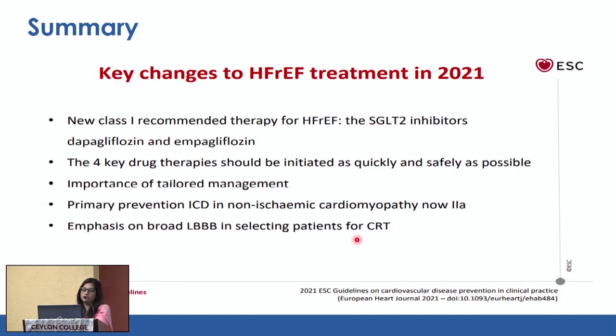And the importance of tailor-made management rather than sequencing management was highlighted. And primary prevention ICD in non-ischemic cardiomyopathy now comes into class 2A indication, and the emphasis on broad LBBP in selecting patients for CRT we have just discussed. Thank you.